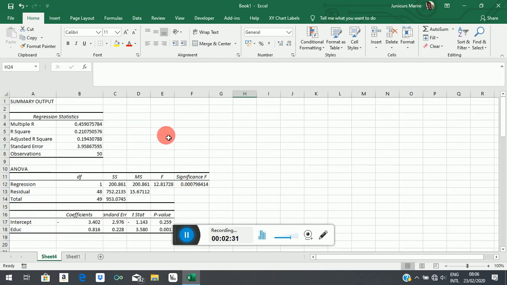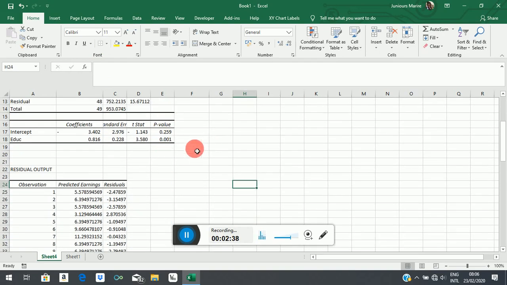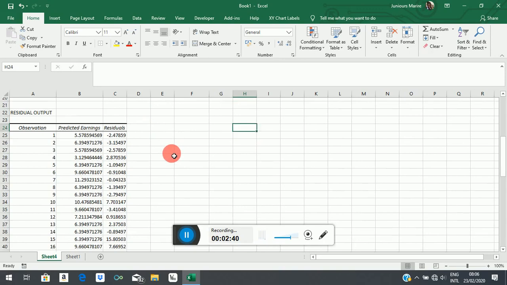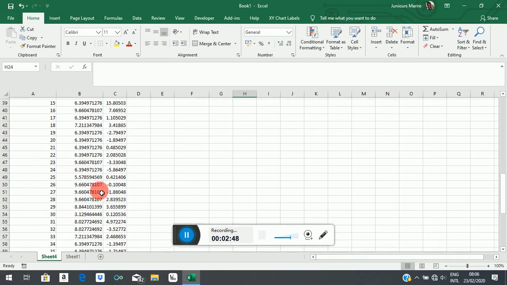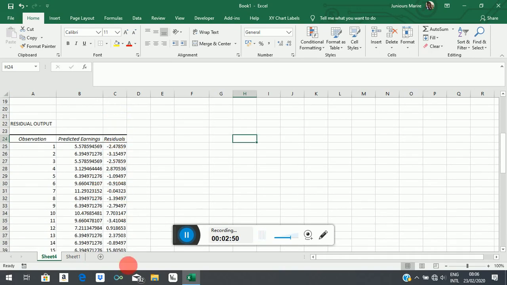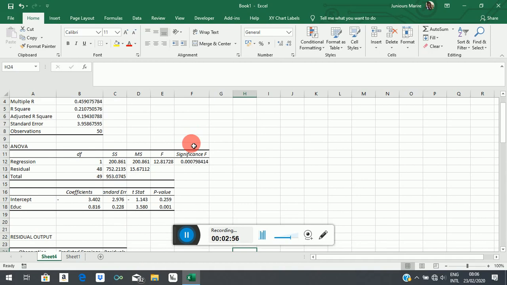So what it has done is estimate the output for you and report the main statistics, and because we said it must generate residual output, it has generated the predicted earnings here and also the residuals. But I want us to do that manually so that you can understand where that is coming from.